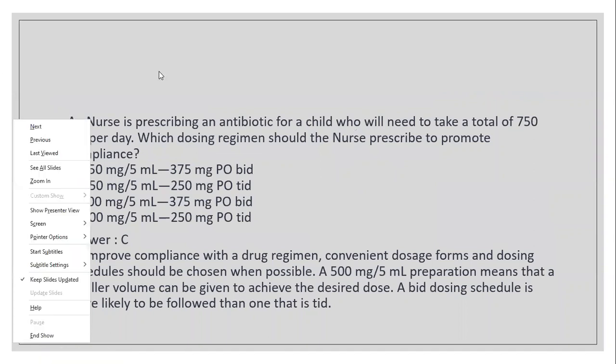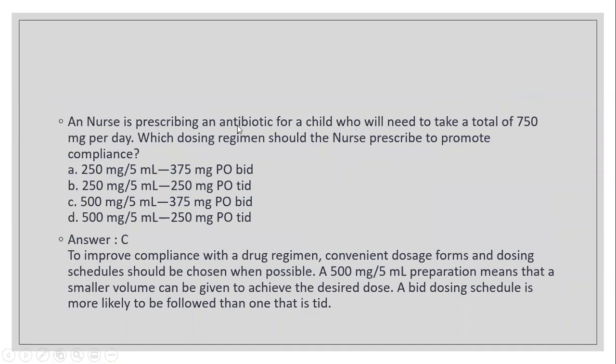Next question. A nurse is prescribing an antibiotic for a child who will need to take a total of 750 milligrams per day. Which dosing regimen should the nurse prescribe to promote compliance? The correct answer is C, 500 milligrams over 5 ml, 375 milligrams PO BID, twice a day.